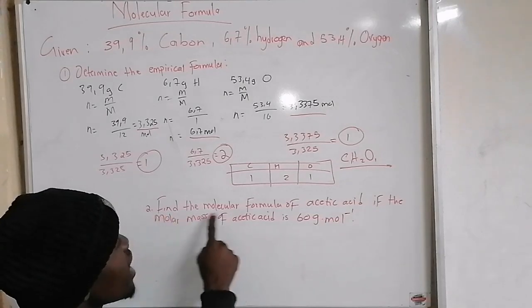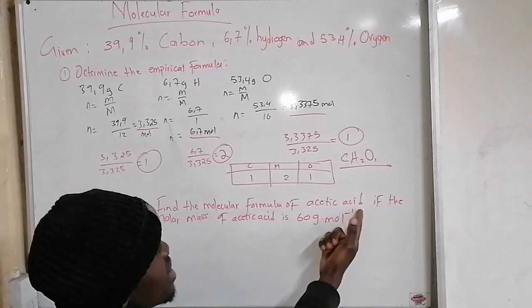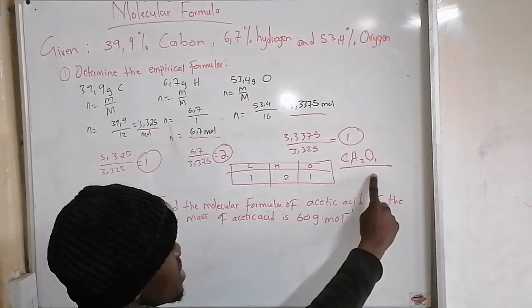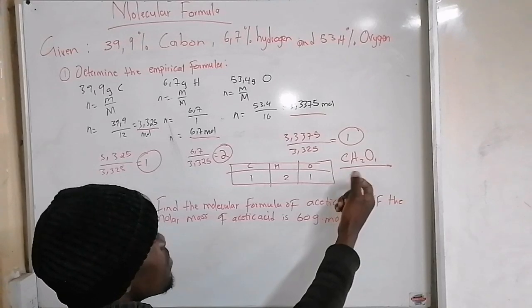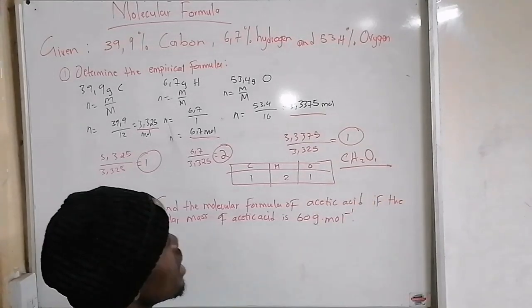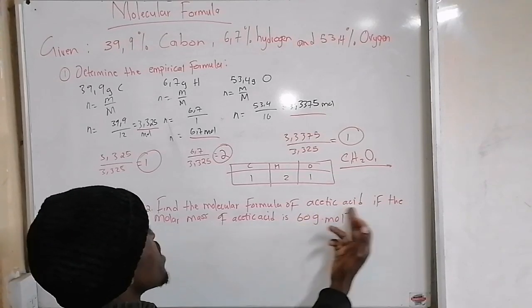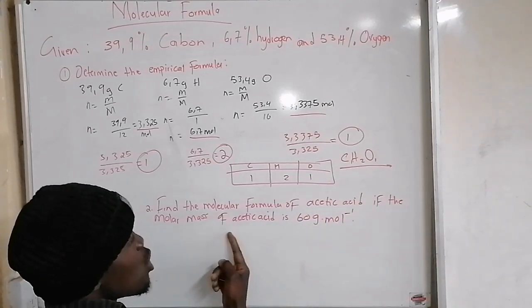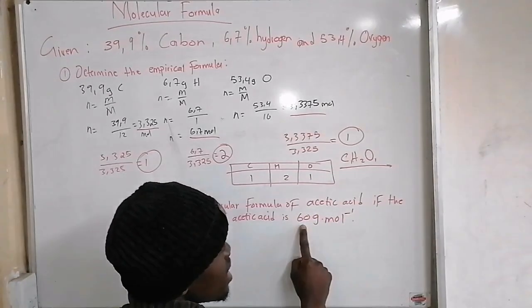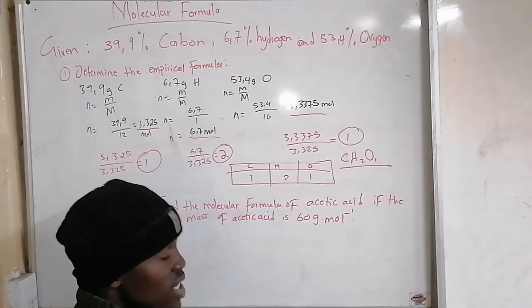Now we are asked to find the molecular formula of acetic acid. In other words, this is acetic acid, or this is the empirical formula. Therefore, we are asked to find the molecular formula of acetic acid if the molar mass of acetic acid is 60 gram per mole.